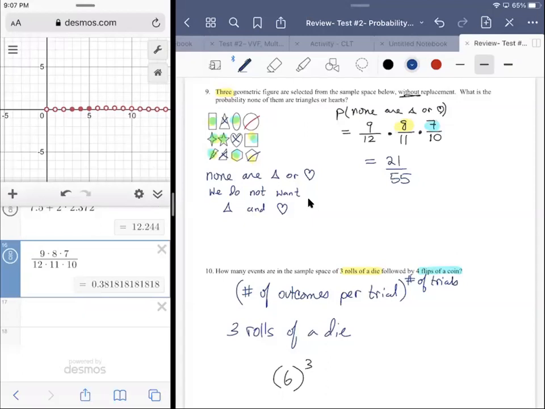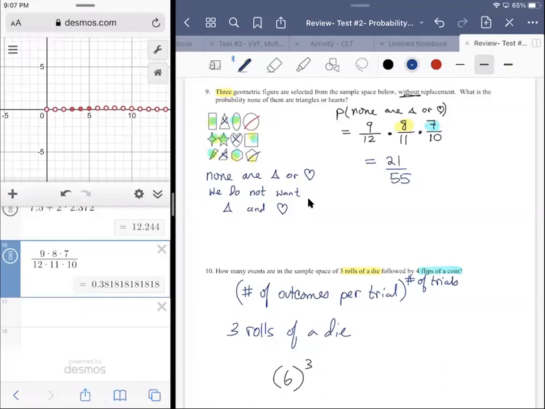Can we determine by the flip of a coin too, for it to be a multiplication rule? In most cases, when you involve coins, it's multiplication rule, but it doesn't always play out that way.